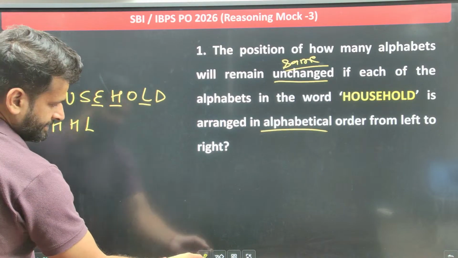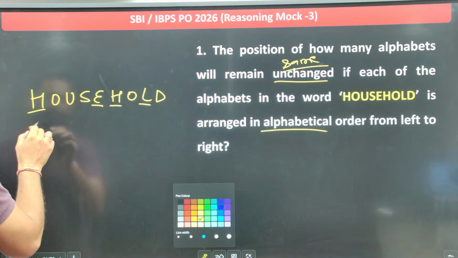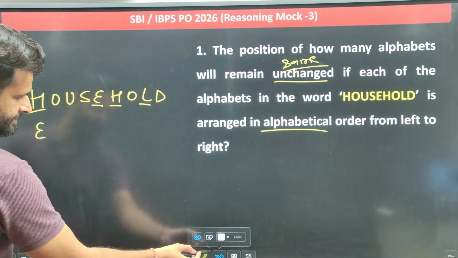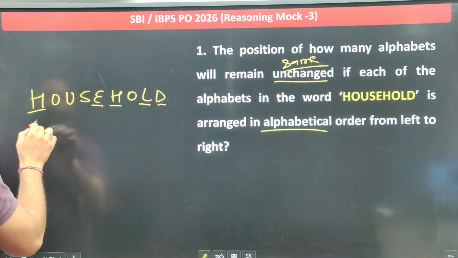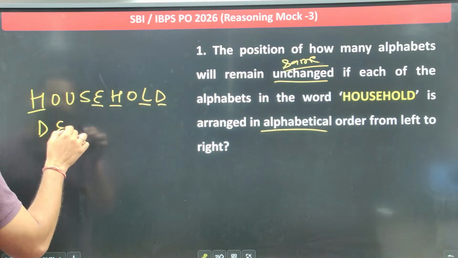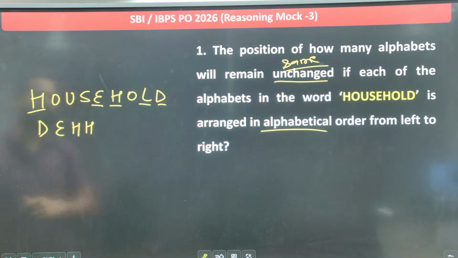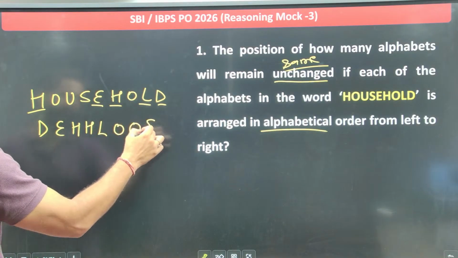Yes, I missed D. Sorry, extremely sorry. First D will come. D, E, F, G, H, two times H, I, J, K, L, L, M, N, O, P, Q, R, S, T, U.